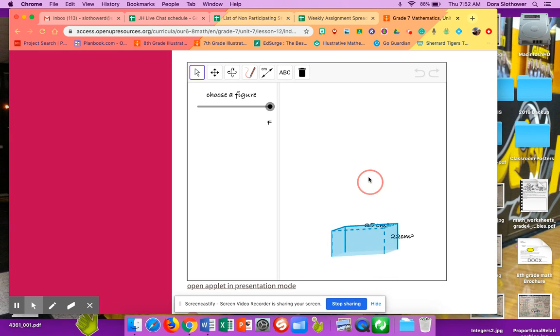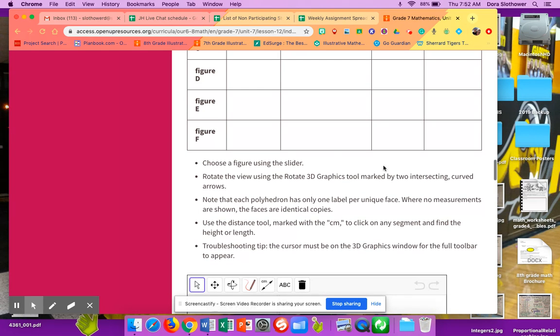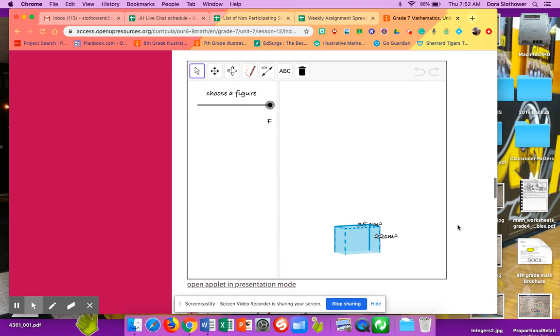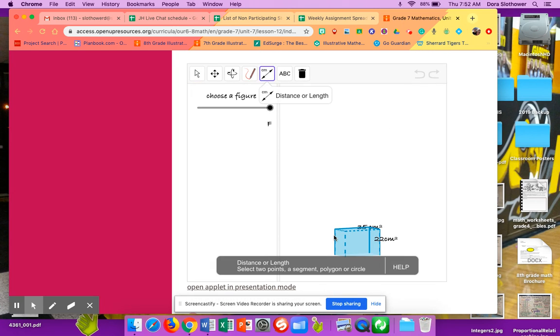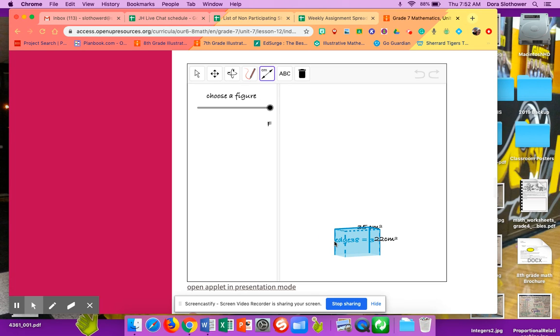Now I'm going to tilt that back up. Good. All right, so 35 goes here. Now what's the height? So we have to figure out what the height is. So there's our centimeter tool. All right, I don't know if I'm finding the height or not.